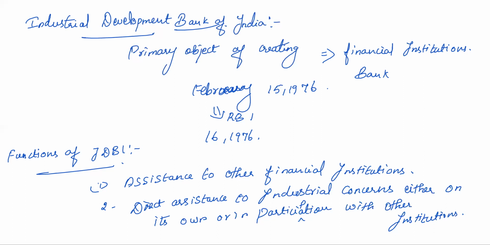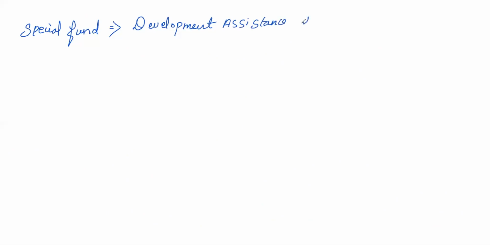Okay, so irrespective of the terms, loans to industrial concerns are given by the IFC. A special feature of IDBI is the provision for the creation of a special fund known as the Development Assistance Fund.